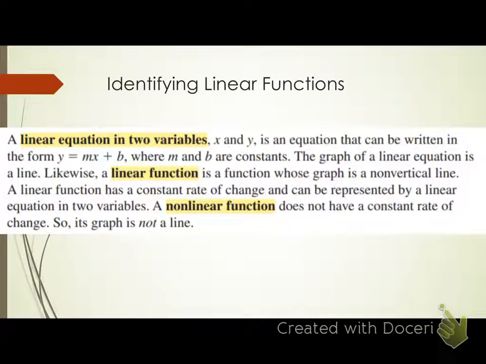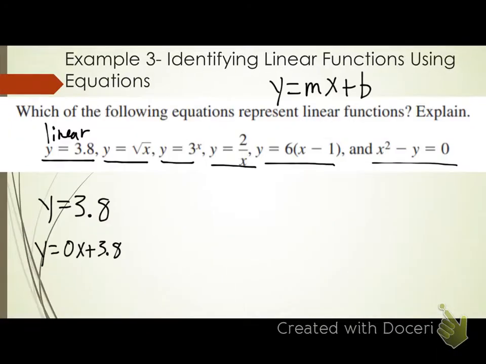Means they're just numbers. So m here is 0. B here is 3.8. Y and x will always stay as y and x. Does that make sense? I see where the confusion was there. So this one is linear. And my explanation would be it's linear because I can write it in the form y equals mx plus b.